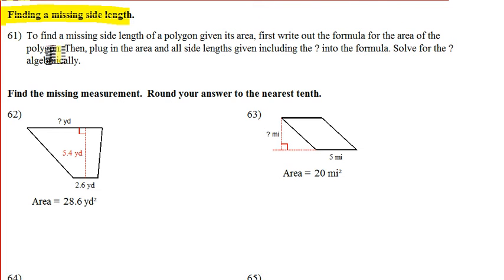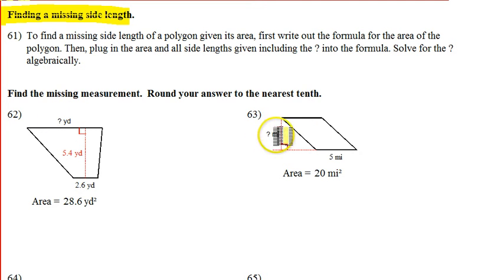We need to identify what kind of polygon it is, trapezoid, parallelogram, and write out the formula for the area of each individually. Once we write out the area formula, we're going to plug all the pieces in. We're going to plug in the area of it and the base and height, and in this case, because it's a trapezoid, base 1 and base 2. And then we're going to solve for the one labeled as question mark. Right here you can see one of the bases is a question mark.